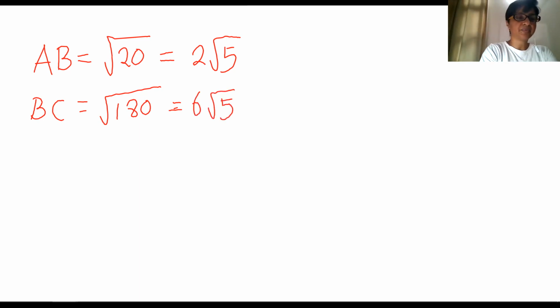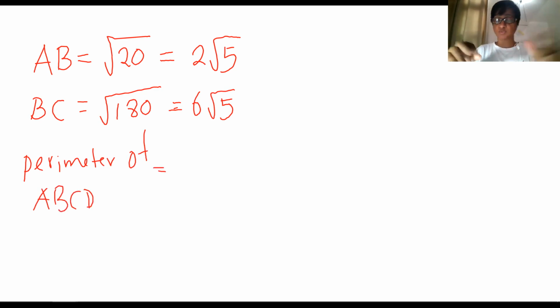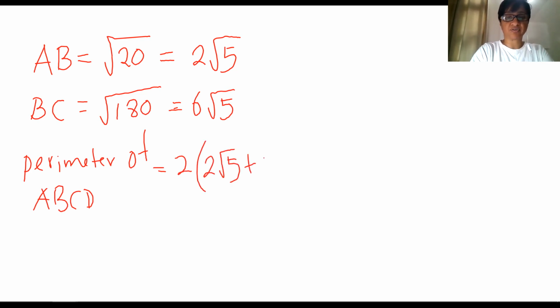Okay. Then the perimeter of ABCD would be, you would add these two and double it, right? 2 times 2 root 5 plus 6 root 5, because there are 2 of each side.